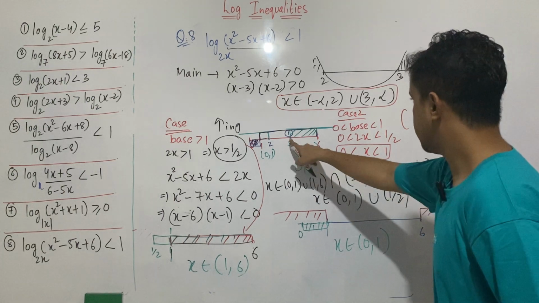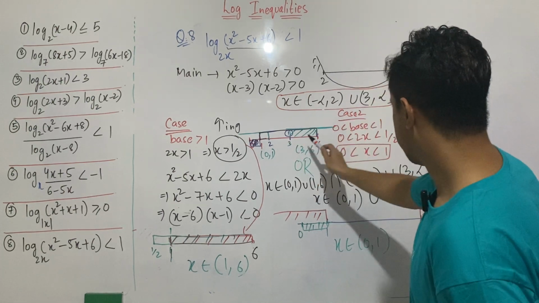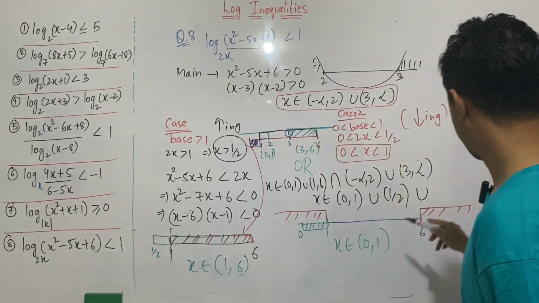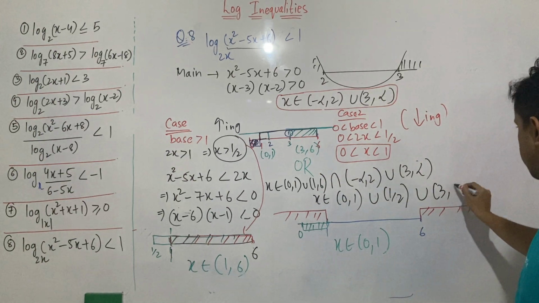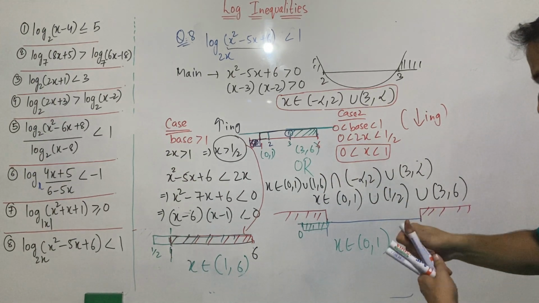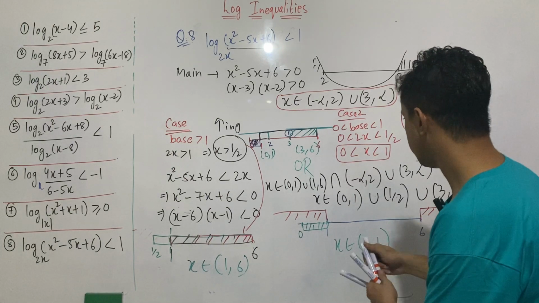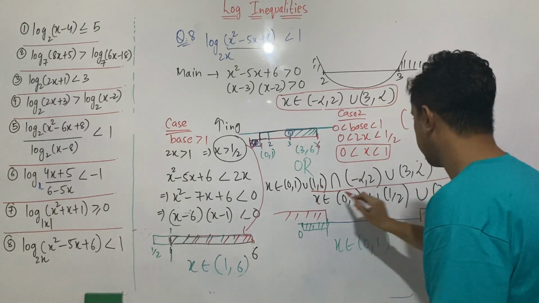And here union, what's the common region here? 3 to 6. So this should be your answer, because we found 3 common regions here.